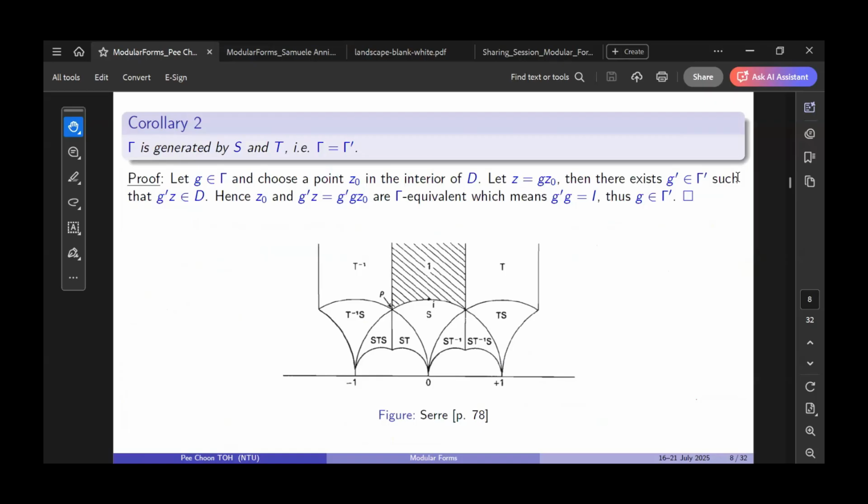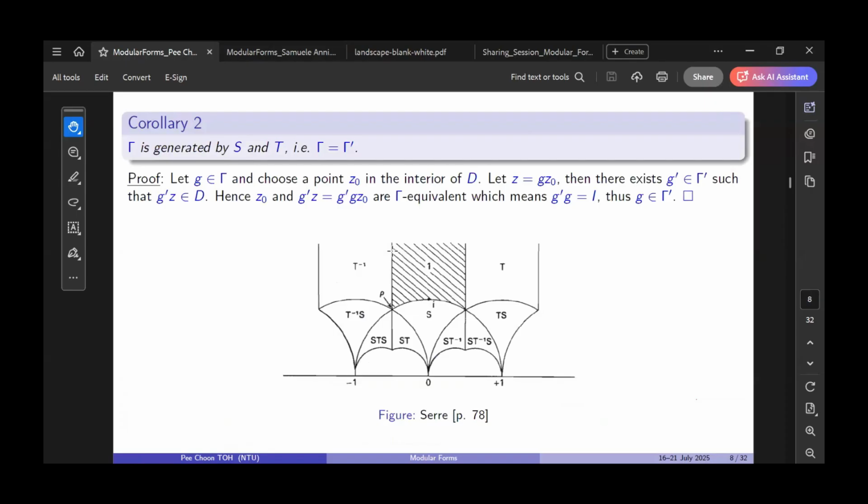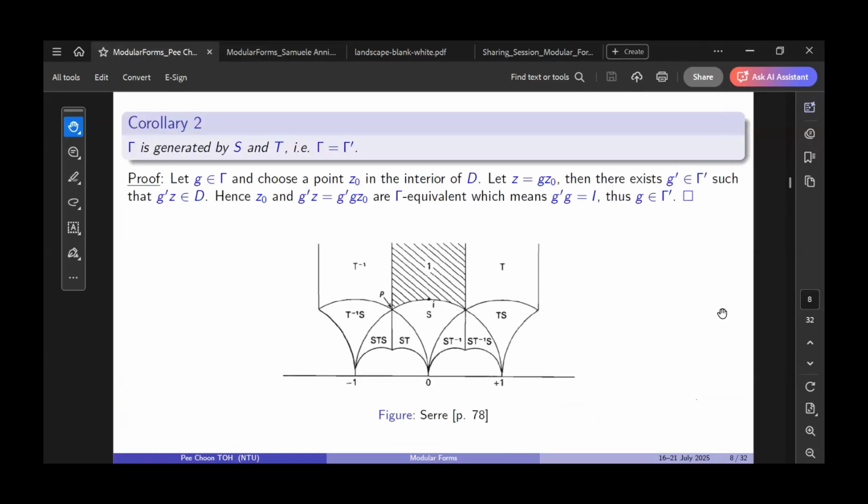So maybe I will try to prove it. There is a proof here which uses complex analysis, but I will try to give an alternative proof here. So let's see.